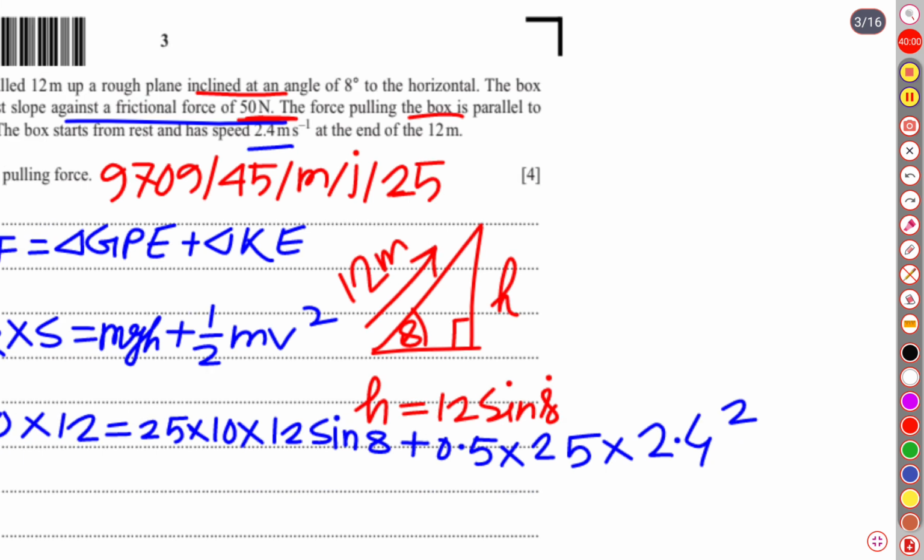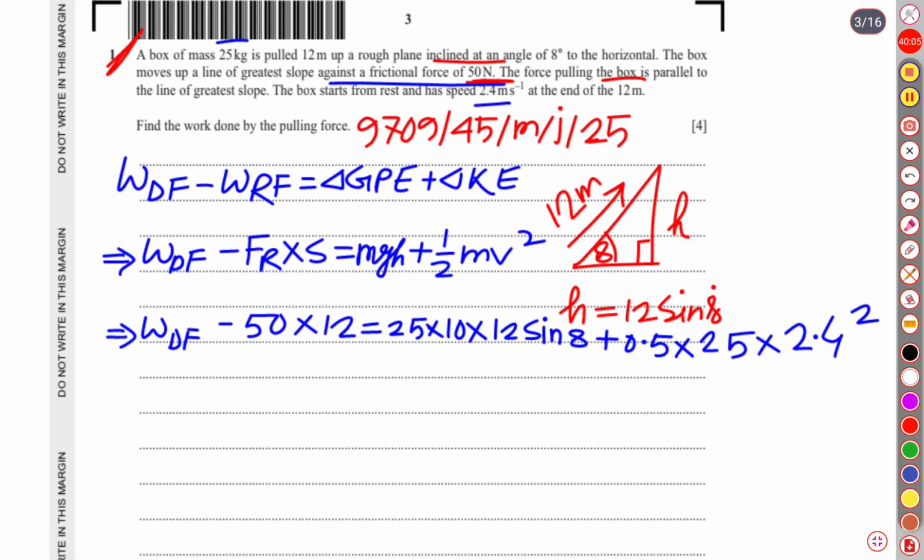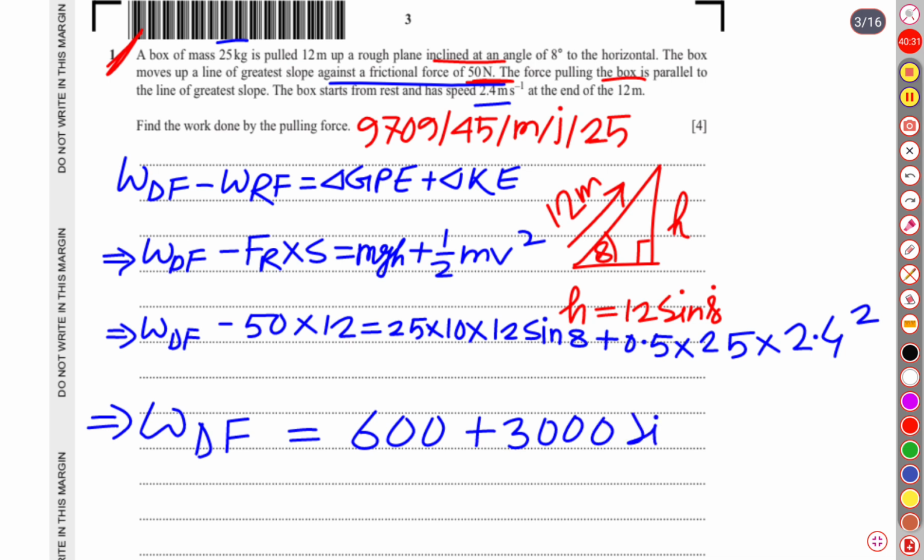Then if we simplify, work done by driving force is equal to 600 on the left side, so it is going to be positive, plus 250, that means 3000 sine 8 degrees. Let it remain unchanged, 3000 sine 8 degrees.